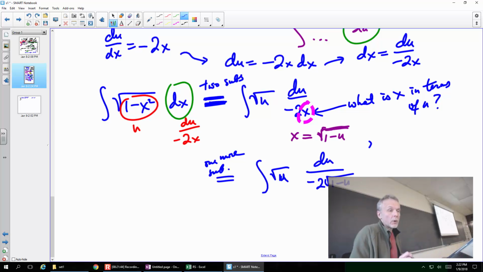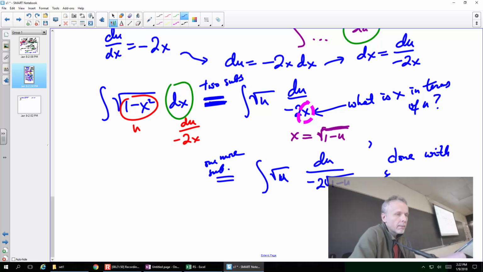Okay, so well, substitution is finished. As planned, the integral was with respect to x. We have a new integral with respect to u. We need to now evaluate it.